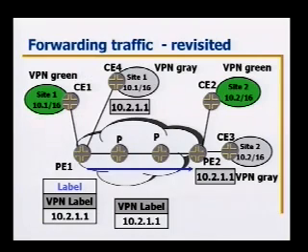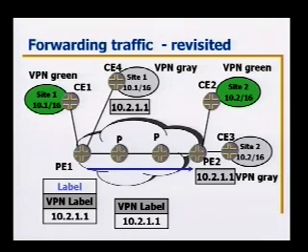Now let's look at what else happened. We have now MPLS throughout the provider's network, and we're forwarding traffic as MPLS throughout the provider's network. I'm saying we have a label switch path between the two PEs, and I didn't say whether this is an LDP or an RSVP label switch path.